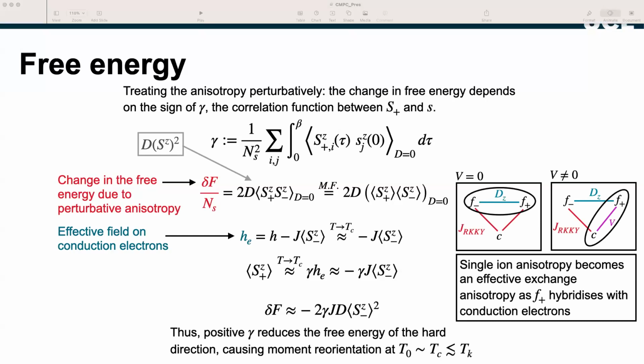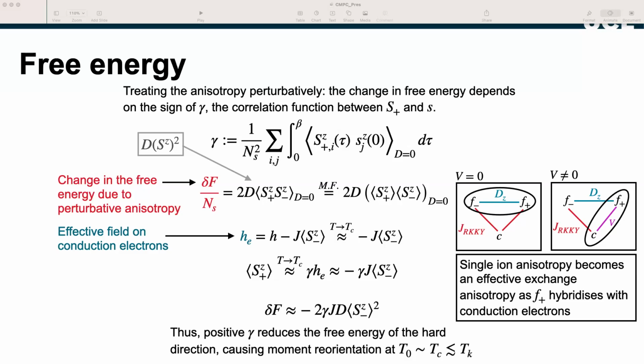In addition to this, you can consider if V was 0, then you decouple everything magnetically, and you get entanglement between F plus and F minus, for the spin one. And that would magnetically order with an RKKY exchange with conduction electrons. But when the hybridization turns on, the F plus and C hybridize to form a heavy electron.